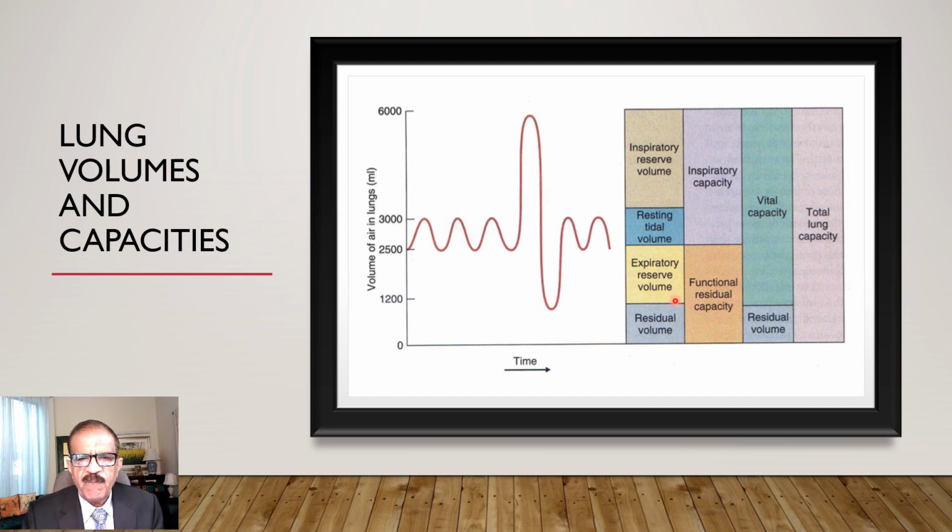Sometimes we use the term forced vital capacity. It is the same thing, but we ask the patient to exhale as hard as possible and as fast as possible. Since we have limited the time and the patient uses force, that measure is called forced vital capacity. You may be surprised, it is usually less than the vital capacity for two reasons.